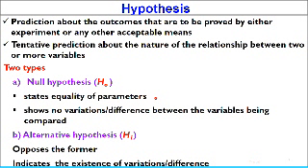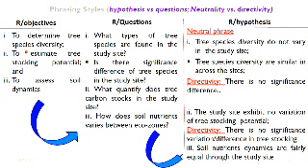Let's see more examples here. Taking you to this particular table, I'm going to give you simple descriptions to show the difference between the research objectives, research questions, and the research hypothesis, with typical examples.